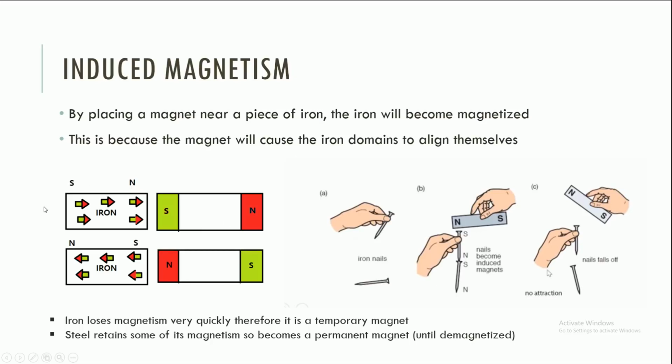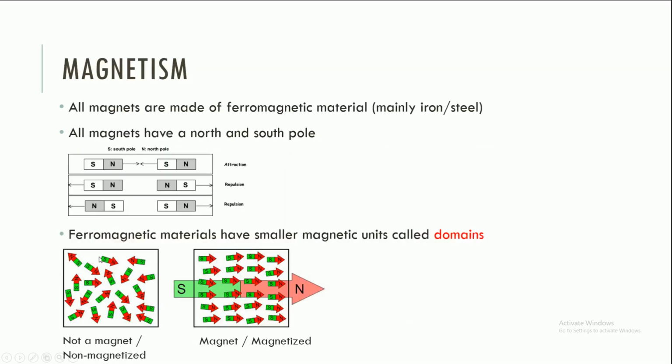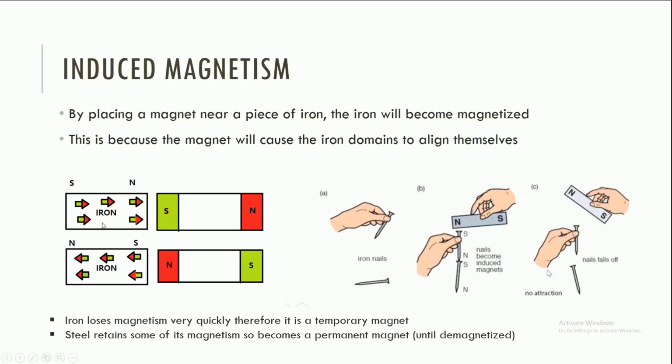Right, so here, let's just take a look at the diagram. If you put an iron, right, these little domains here, the green is south pole and the red is north pole, just like the diagram below here. Green south, red north, green south, red north, right? So you've got these little domains.